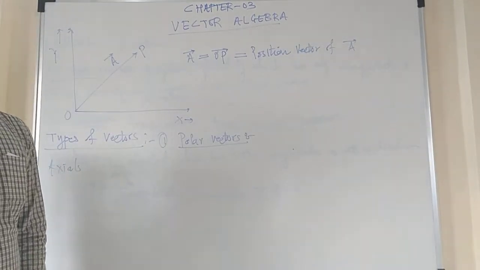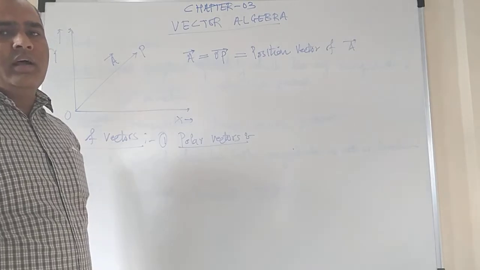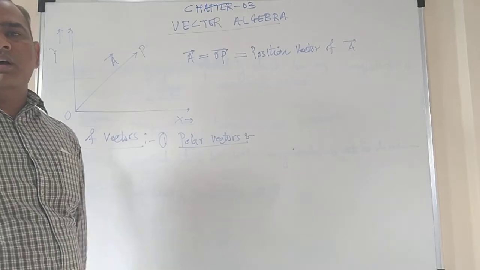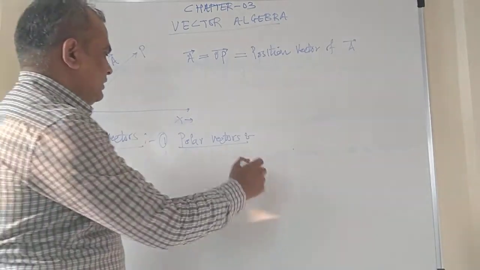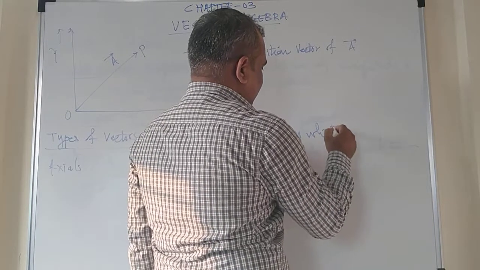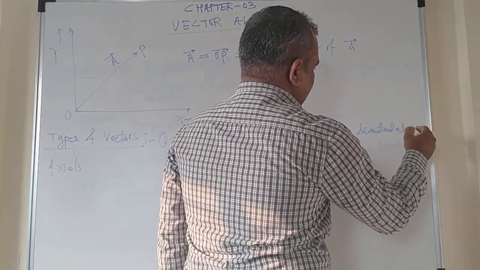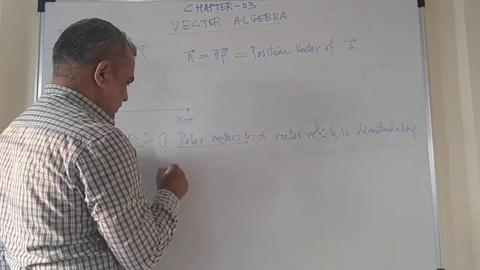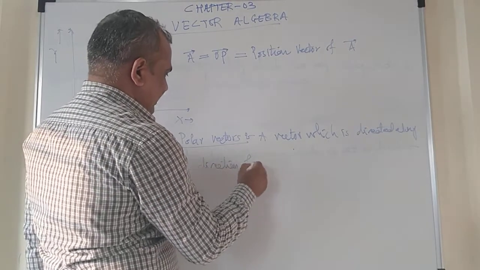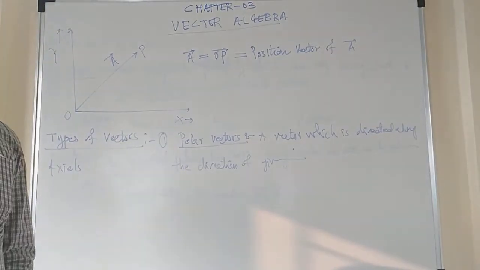Polar vectors are the vectors which are directed along the direction of a given vector. A vector which is directed along the direction of a given vector, that is called the polar vector.